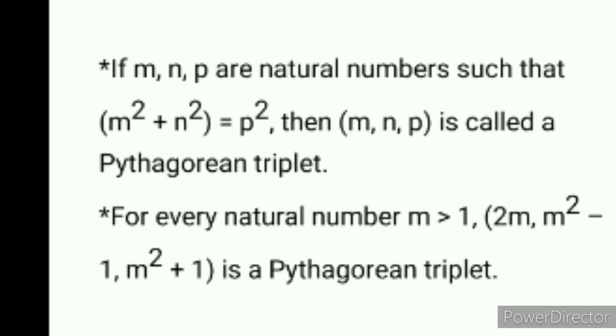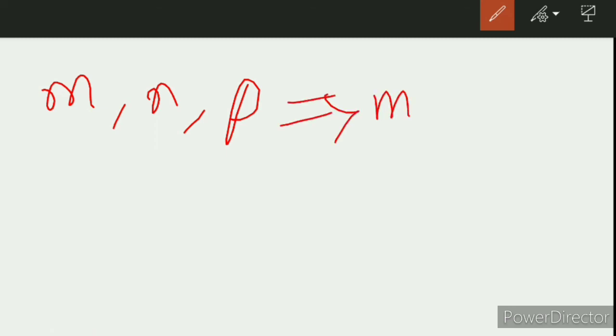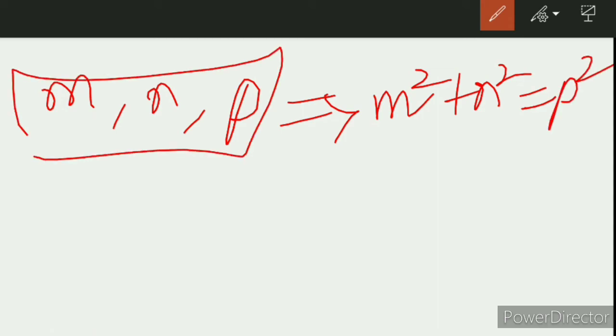If they give one number, using this last condition, that is 2m, m square minus 1, m square plus 1, we can find the remaining two numbers. m, n, p implies that m square plus n square equal to p square. For example, I am taking m is 3, n is 4, p is 5.